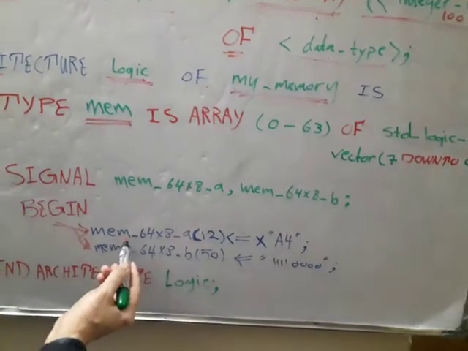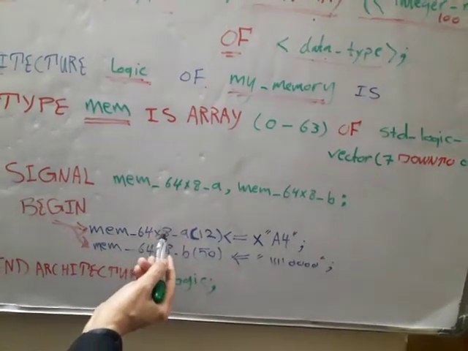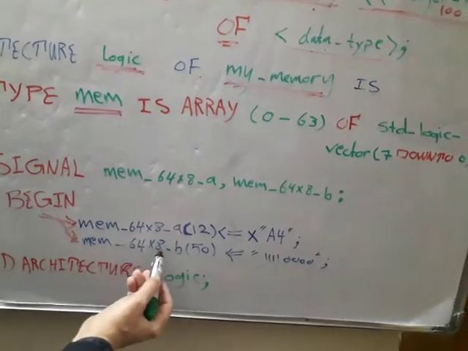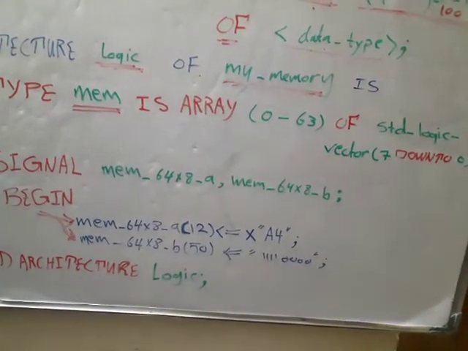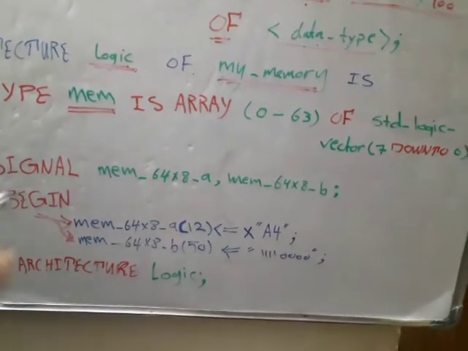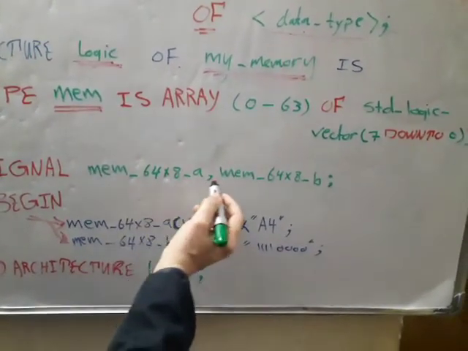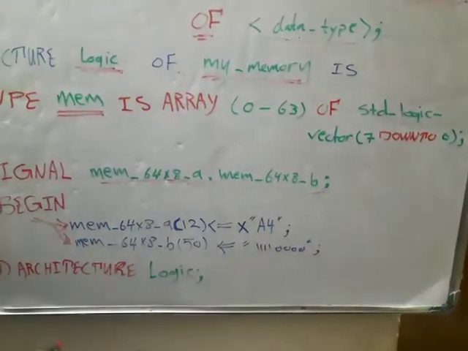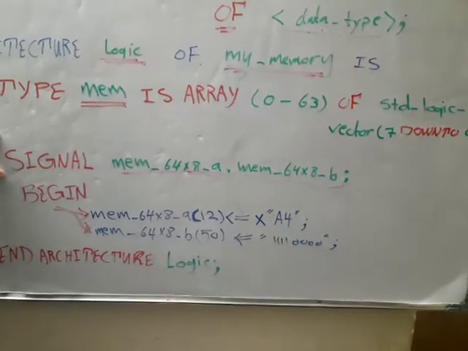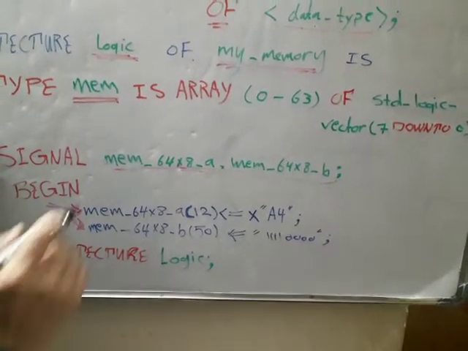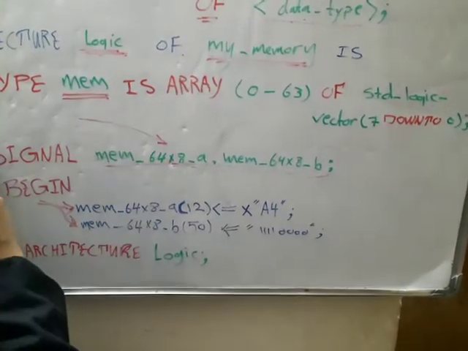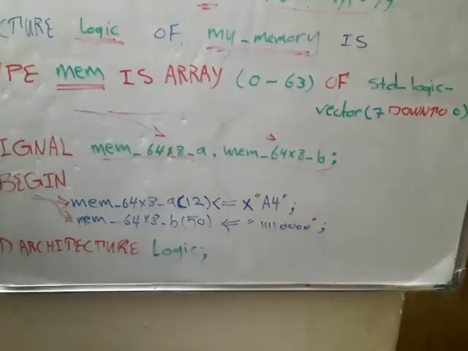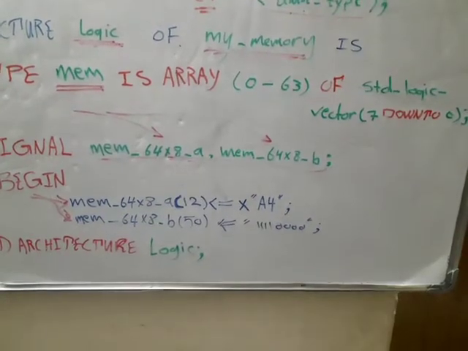The first signal is mem64_8A and the second signal is mem64_8B. These two signals must be defined in the declaration field.